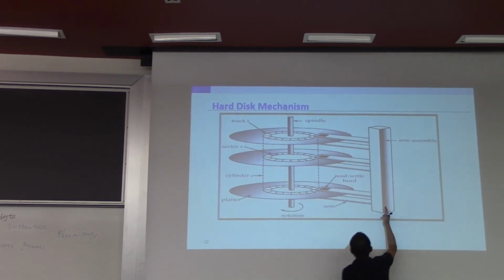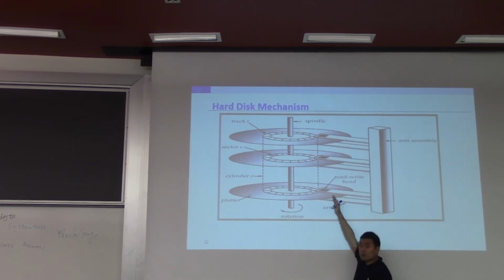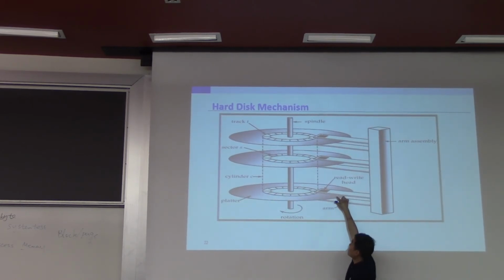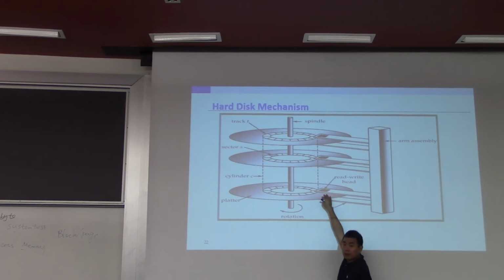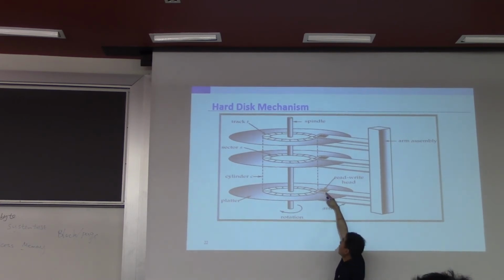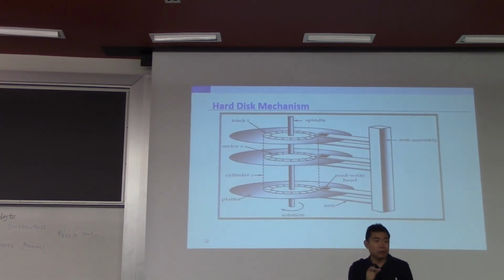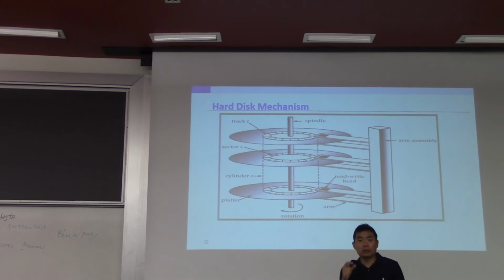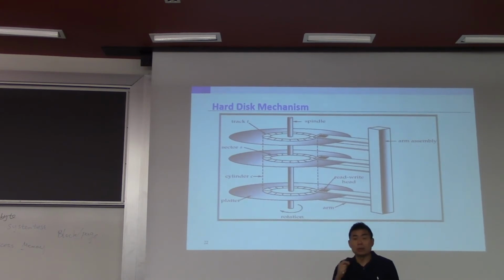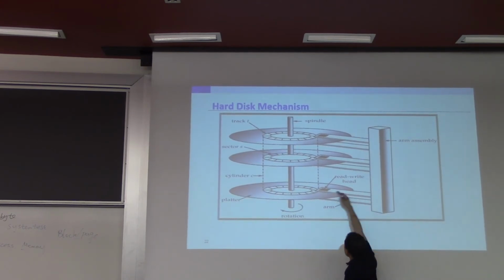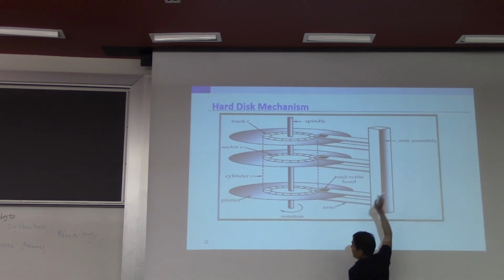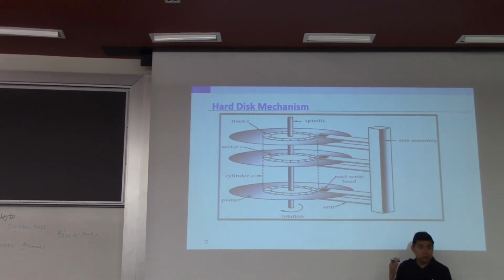This is the arm assembly holding all the arms, 2 arms per platter because you have the upper and lower surfaces. The head of the arm, this black region, is capable of converting magnetic field to electrons, doing the actual data transfer from disk to memory. Then there are channels connecting this all the way back to main memory. That's what we call the memory bus.